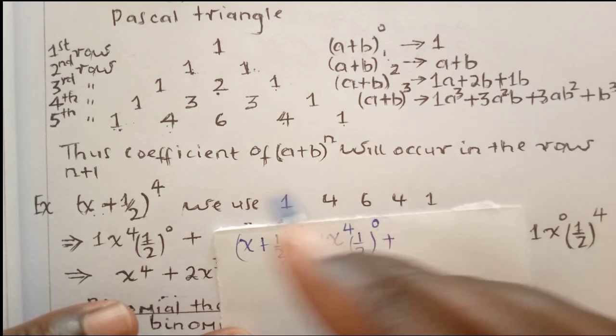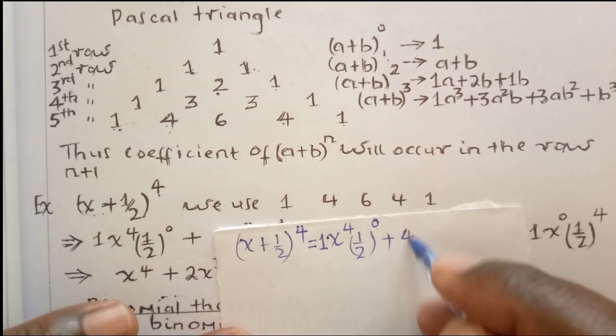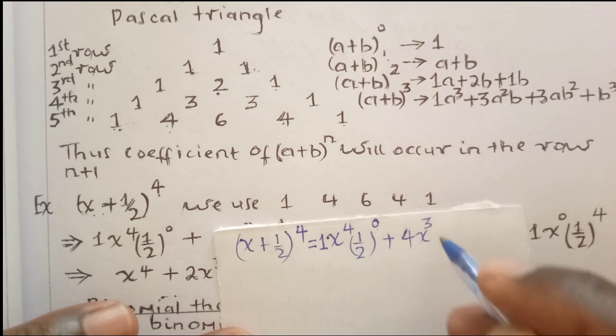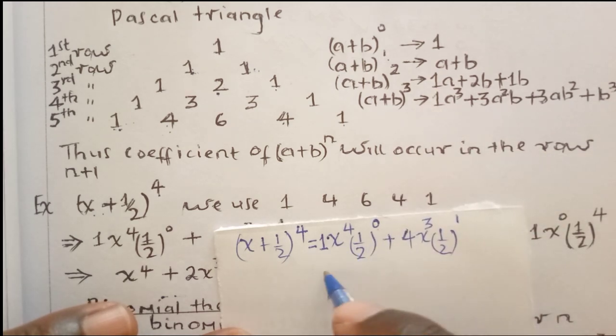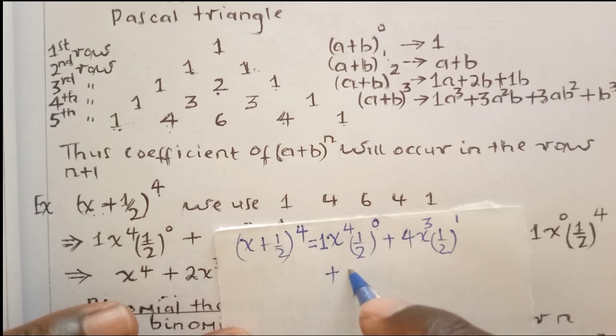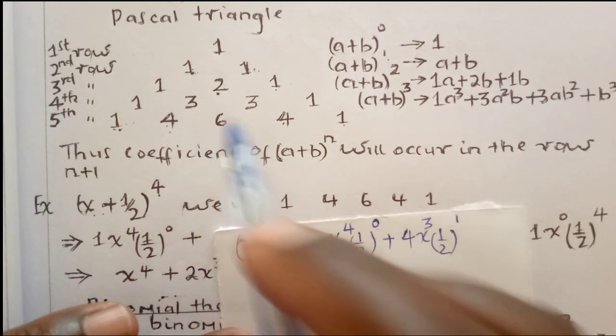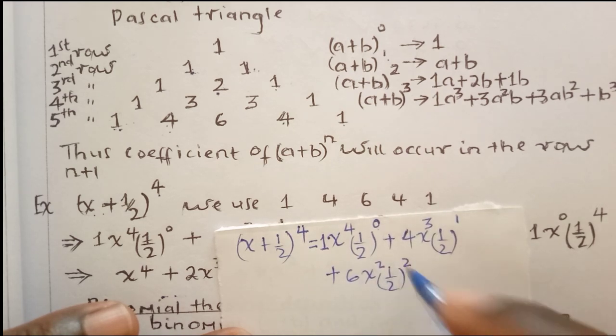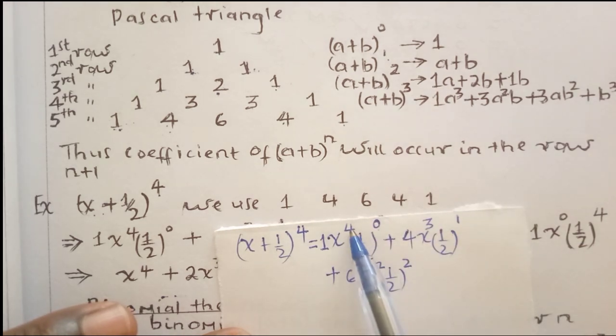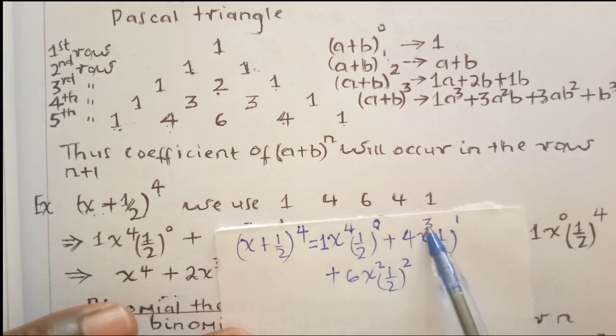So the next one, we'll put 4 there, x raised to 3, and this half will be raised to 1. Then plus, we have 6, x raised to 2, then a half raised to 2. And you can even note 4 plus 0 is 4, 3 plus 1 is 4, 2 plus 2 is 4. So make sure always the powers give us 4.